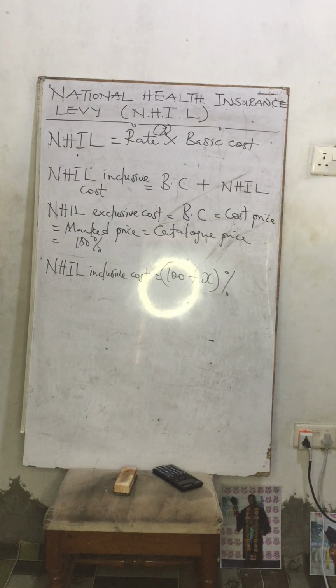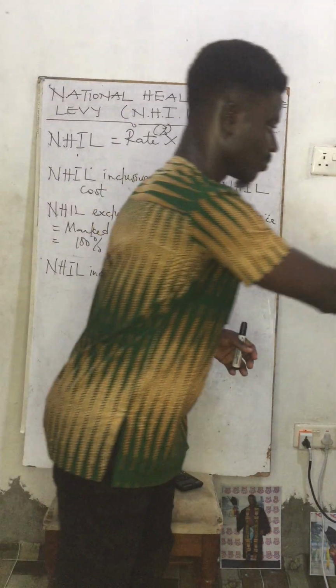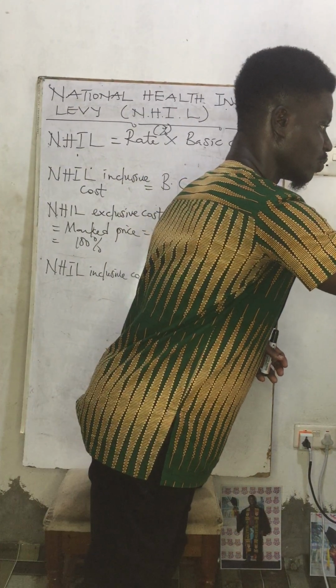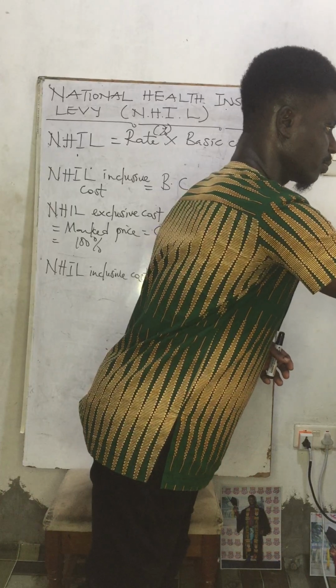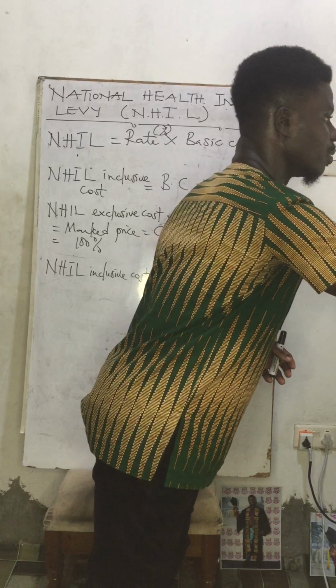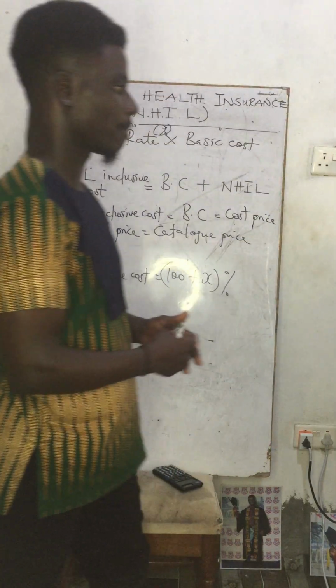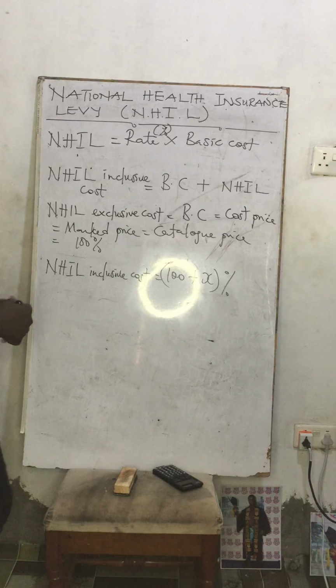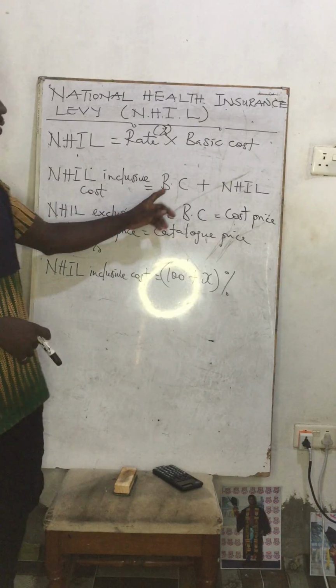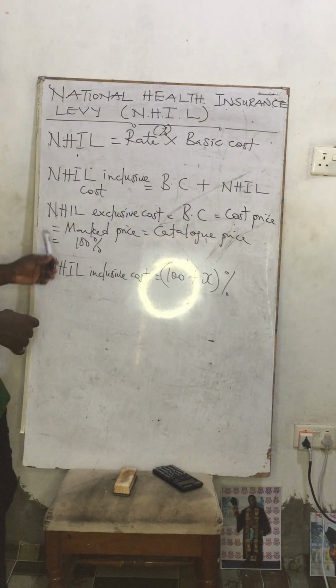So we can have this very simple thing here. We have to note them. Everything is here. NHIL inclusive cost is basic cost plus the NHIL.